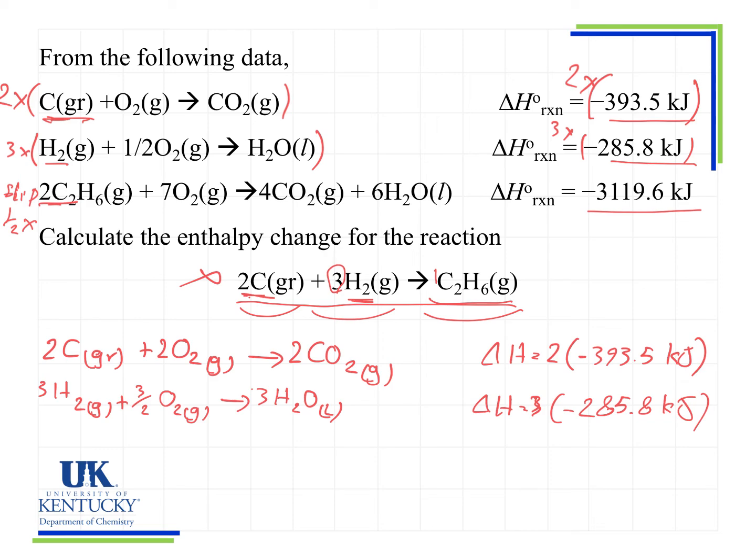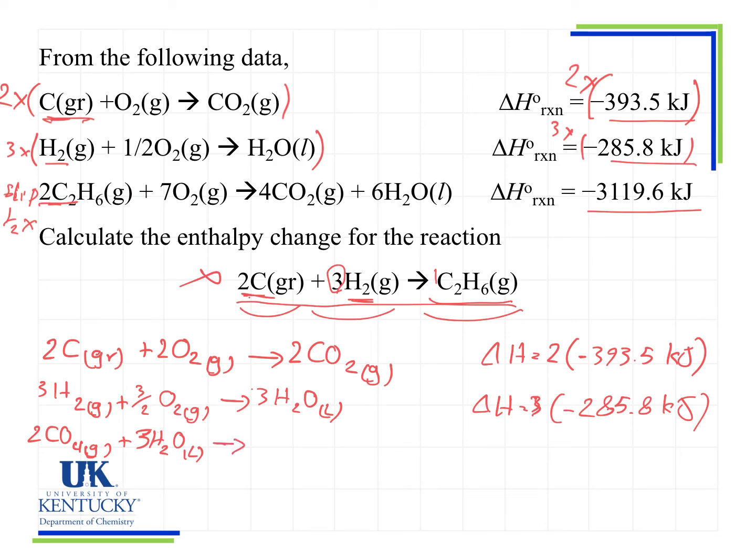Okay, so if I flip it and divide it by 2, I would have 2 CO2 in gas phase plus 3, not 6. I don't know why I say 3 but I write 6. Probably something wrong with me today. Okay, so 3H2O in liquid phase. Don't forget the phases, always write a phase.